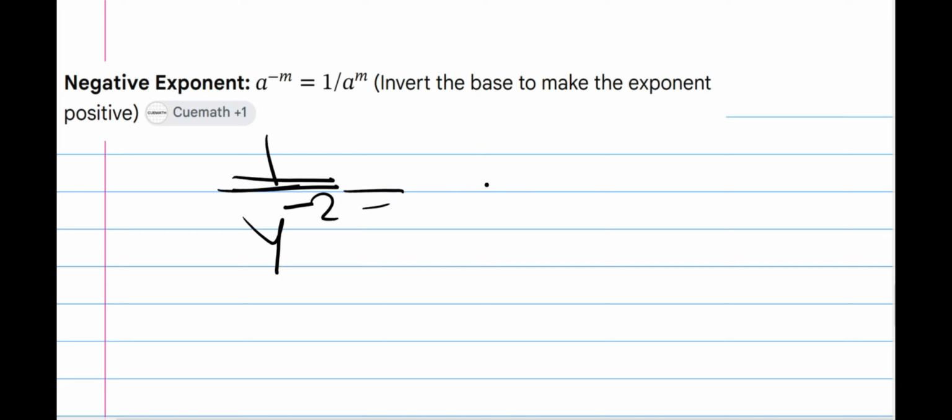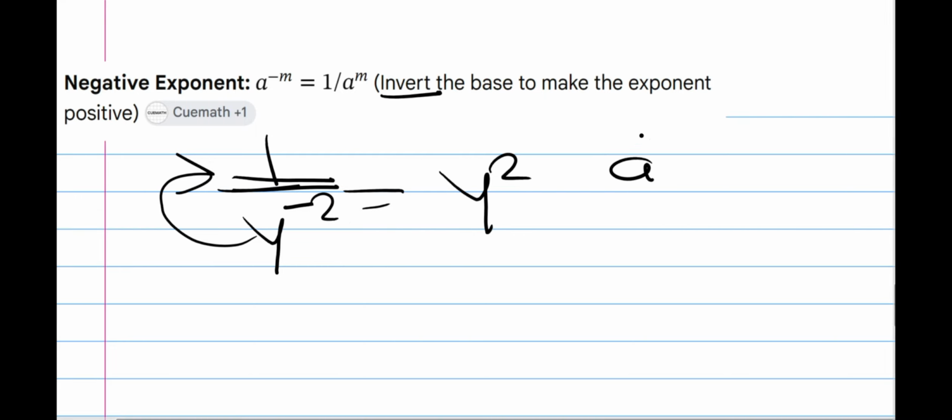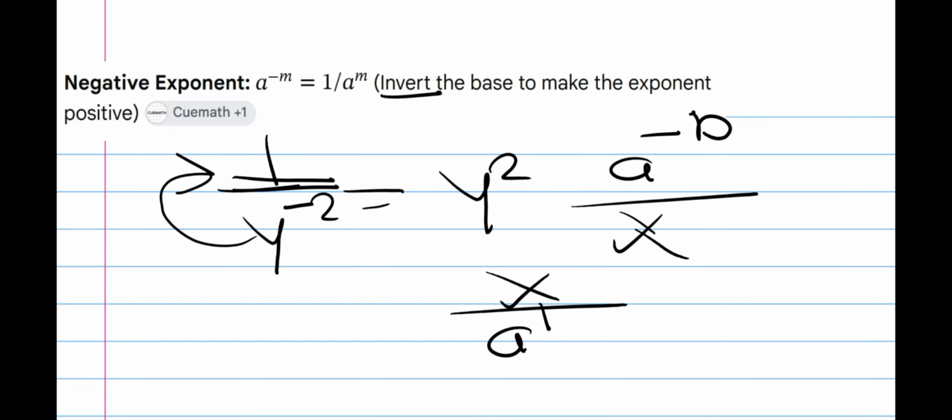And that would leave us y squared, because basically if your denominator has a negative exponent, you just move it to the top. That is the rule for a negative exponent, you just invert it. So basically if the top has a negative exponent, it will go below. So that would give us x over a to the power of b.